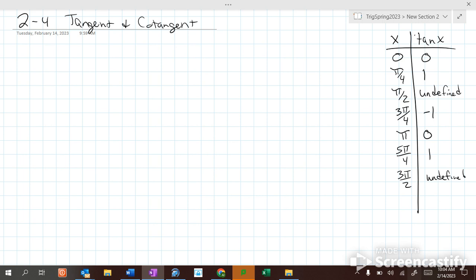Negative undefined. Sure, why not? 7 pi over 4. -1. And 2 pi. 0.